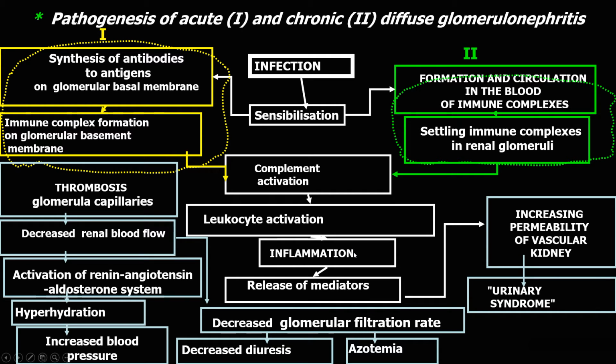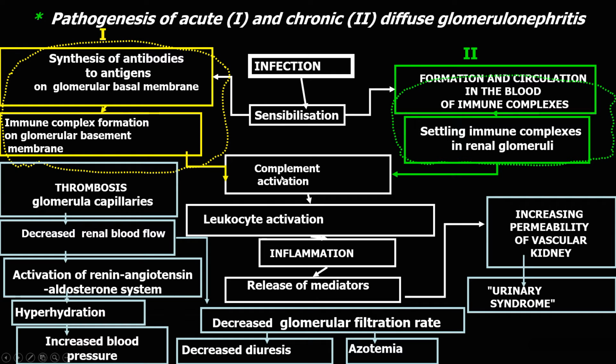Pathogenesis of acute and chronic diffuse glomerulonephritis. Primary influence of infection factor, sensibilization of the body. Next, synthesis of antibody to antigen on the glomerular basal membrane, and immune complex formation on the basement membrane.